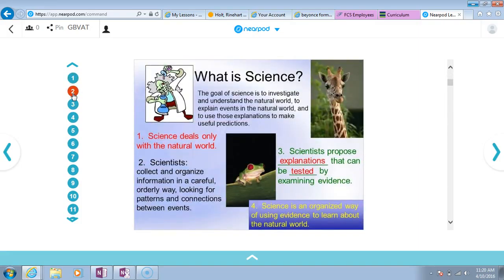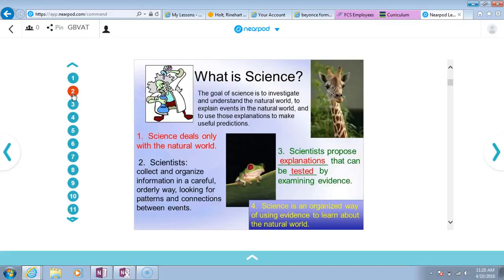All right, it says, what is science? The goal of science is to investigate and understand the natural world, to explain events in the natural world, and to use those explanations to make useful predictions. 1. Science deals only with the natural world. 2.